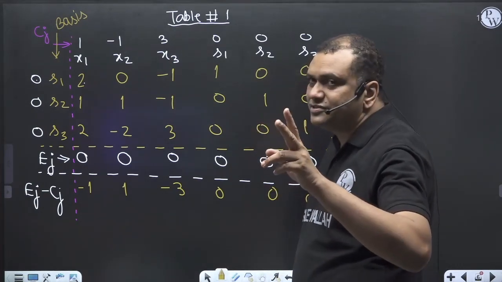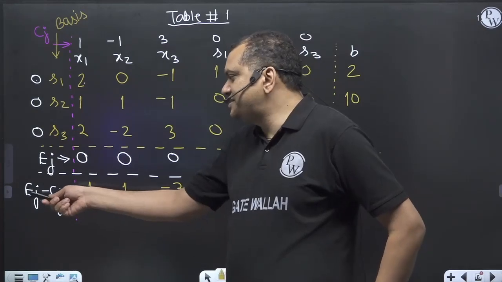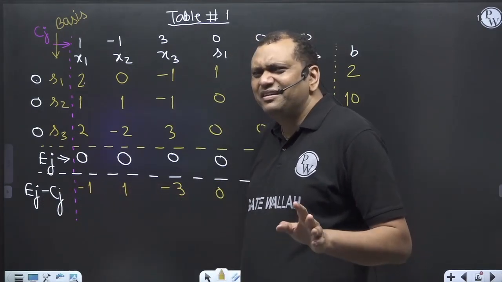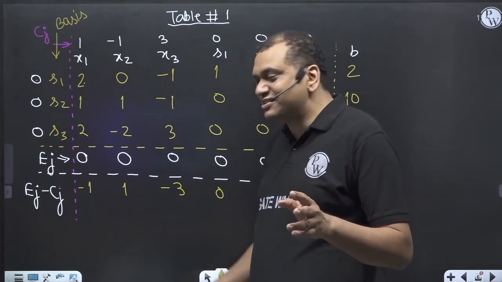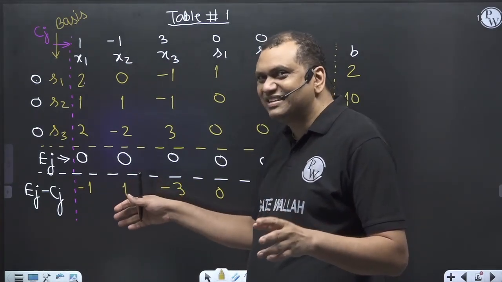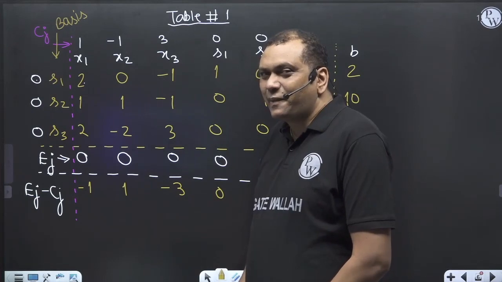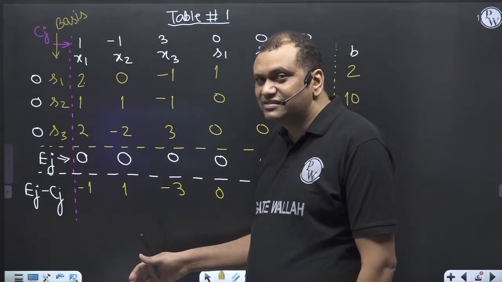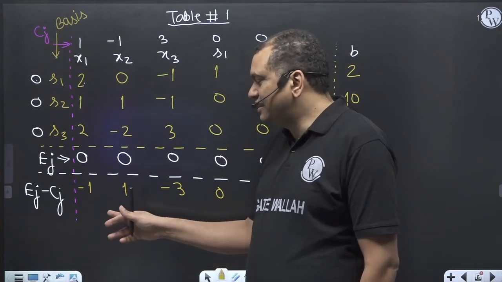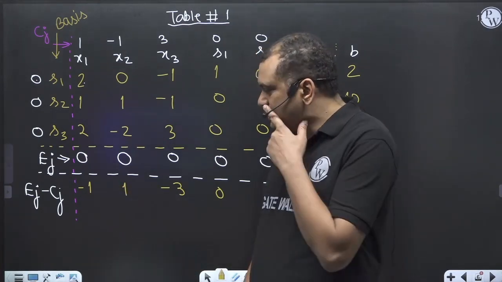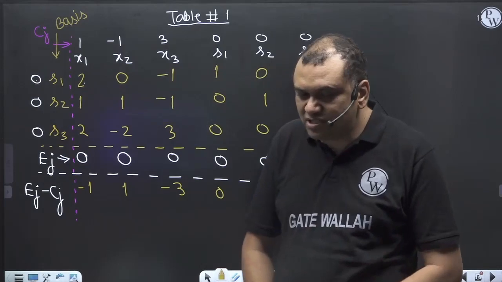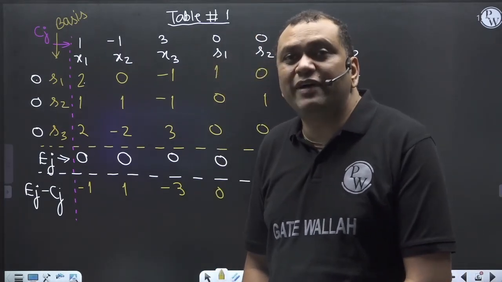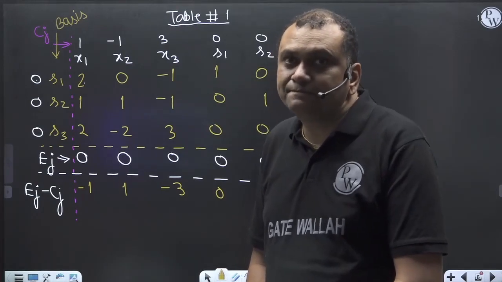In some books, this is Cj minus Ej. There is no problem, because our concept will be reversed. But I am following the procedure given by Taha, and he uses Ej minus Cj. You know why he uses Ej minus Cj? Because iterations of dual simplex will be easier.